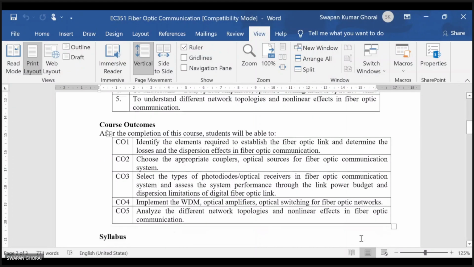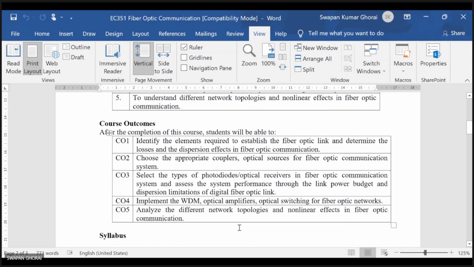The fourth outcome is that you can implement WDM systems and optical fiber networks with these components. If you know the characteristics of these components, then you can use a particular amplifier, a particular WDM component, or particular optical switches.